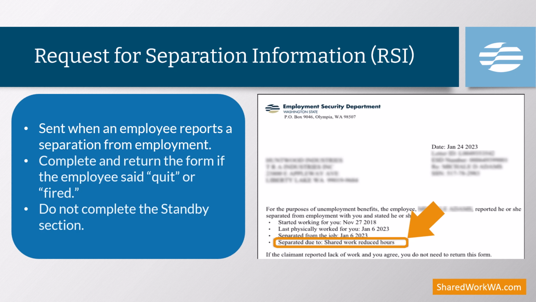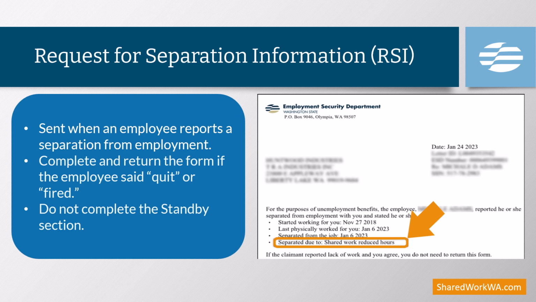If the employee reported that they were fired or they quit, please complete and return the form. If any other reason is listed, you do not need to return the form unless you disagree with something or want to provide additional information. Please disregard any questions regarding standby.